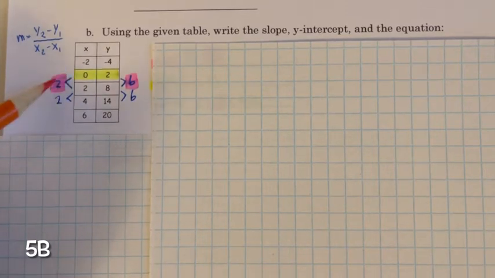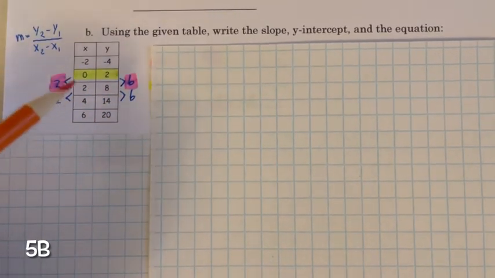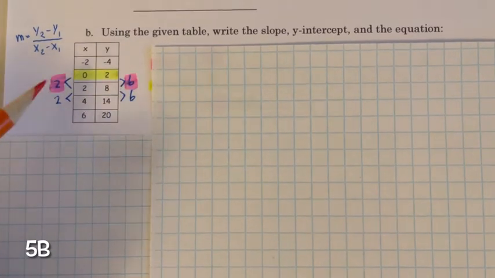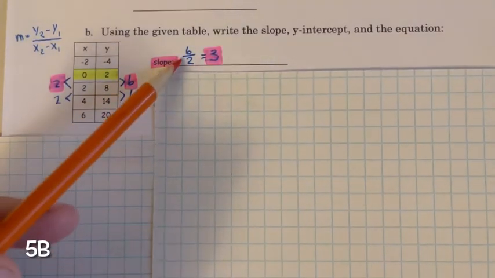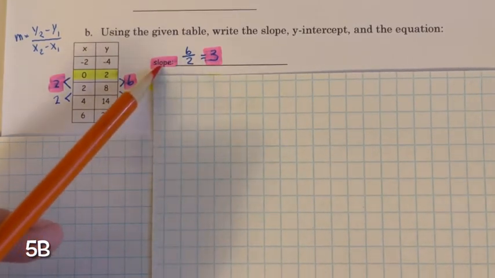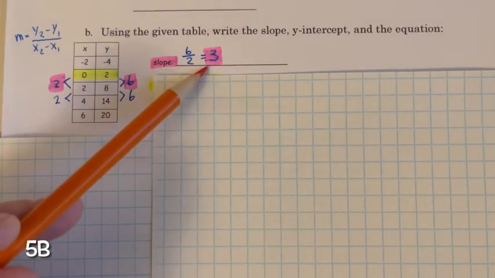Or you can say 0 plus 2 is 2, 2 plus 2 is 4, 2 plus 6 is 8, 8 plus 6 is 14. So the difference between the y's over the x's is 6 over 2. 6 divided by 2 simplifies to 3. So the slope of this table equals 3.